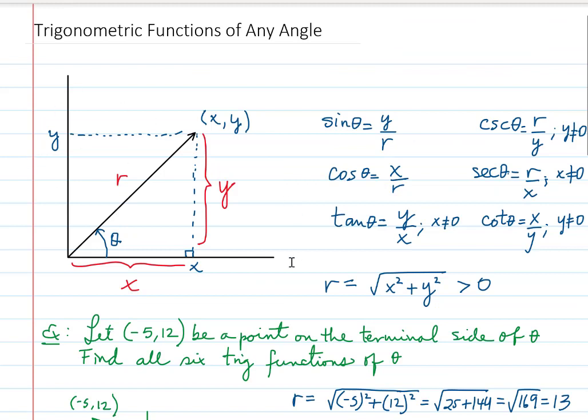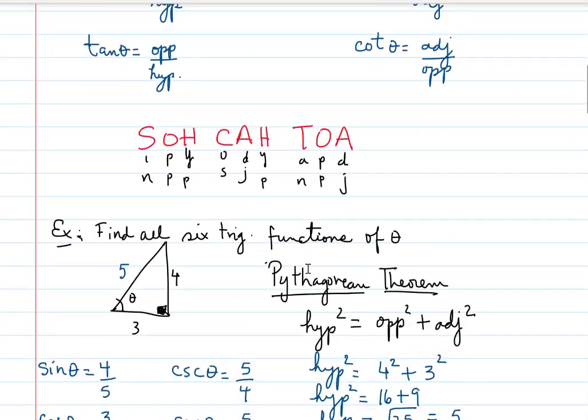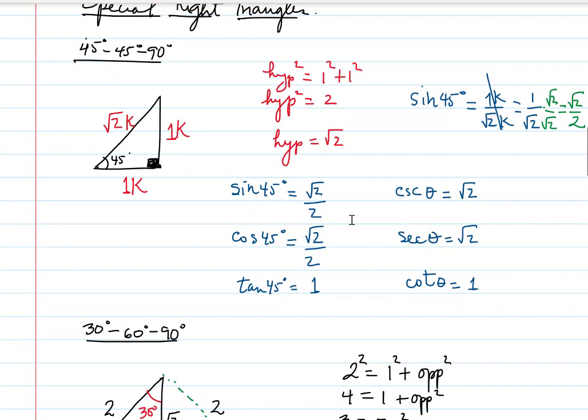So applying this definition, we can derive these ordered pairs. And if you remember, going back to that previous lesson where we did the special right triangles, notice how we derived these right here.